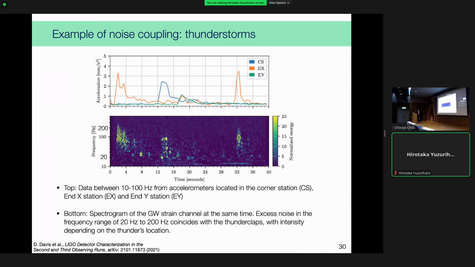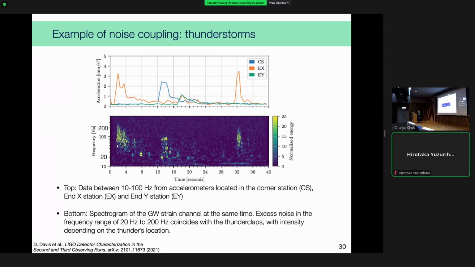So here is an example of noise coupling. This is an example of thunderstorms. The top panel indicates data of the accelerometer, and the bottom one indicates the spectrogram of the strain channel. The x-axis is time.